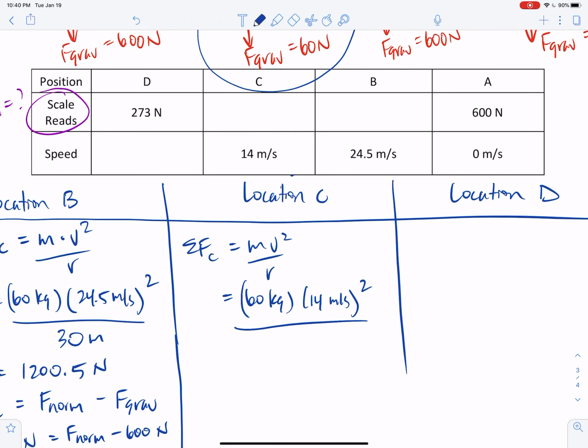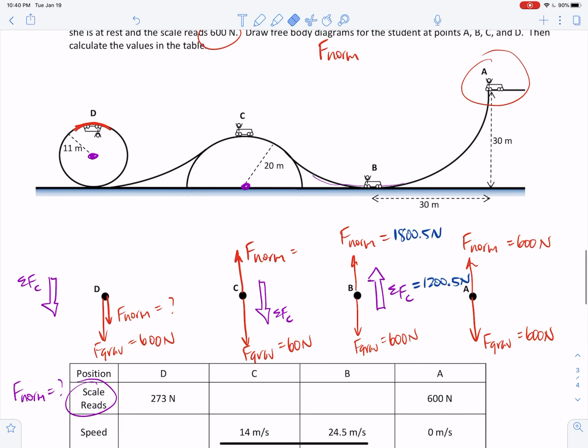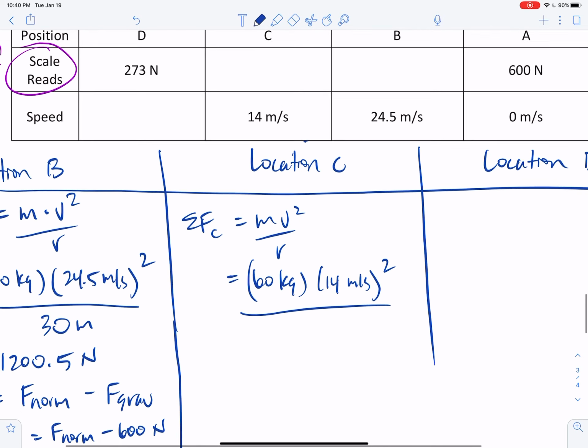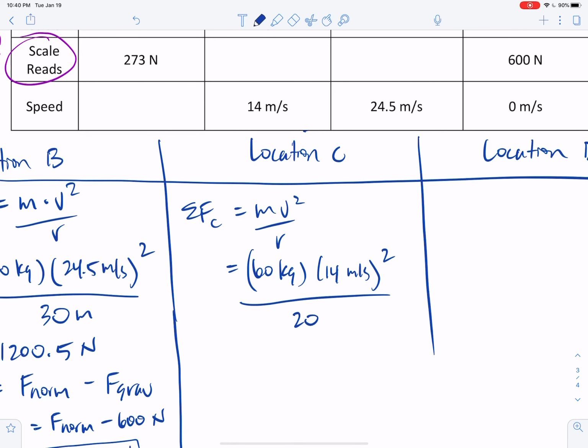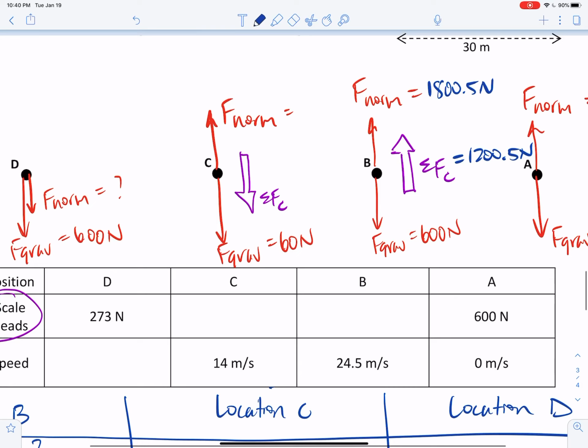And then the radius. What's the radius at location C? I've got to come up here and notice at location C, we've got a 20-meter radius. So I'm going to plug that in here. And so the centripetal force is 588 newtons. So I'm going to put that in my diagram. This is 588.